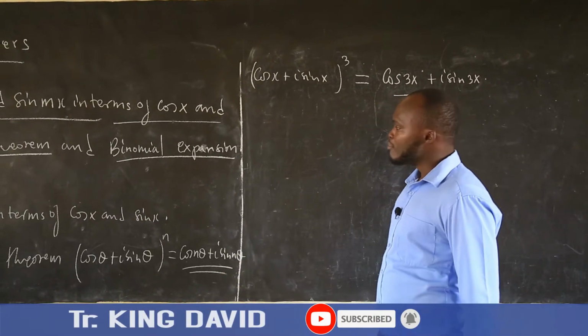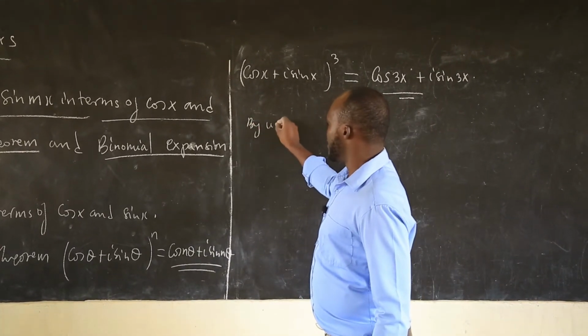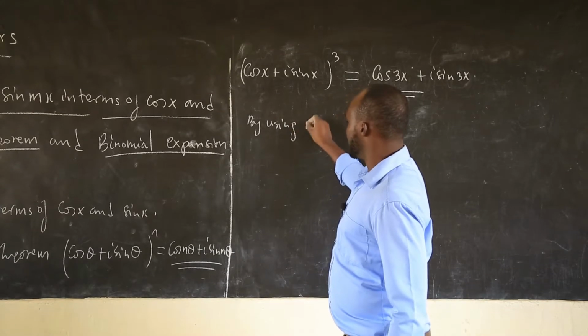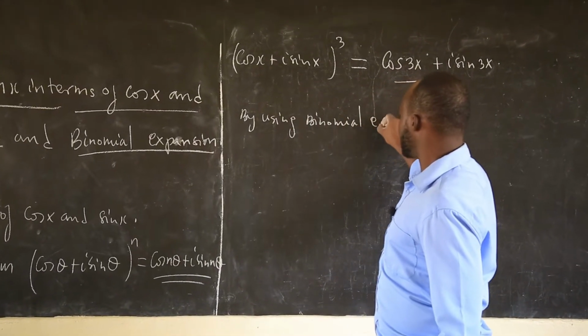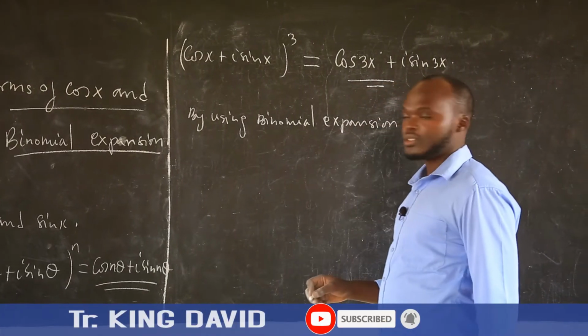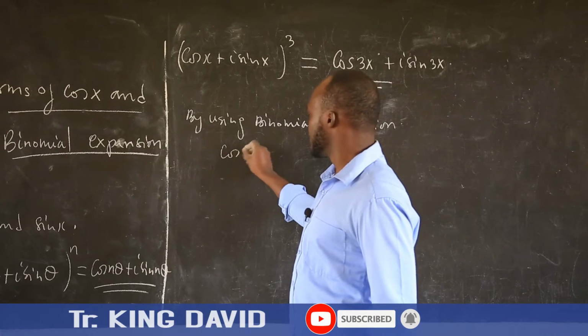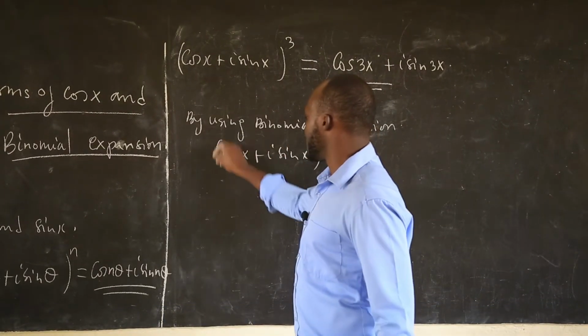Now, by using binomial expansion, what is cos x plus I sin x power 3?